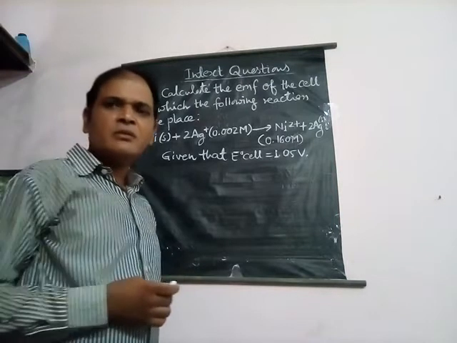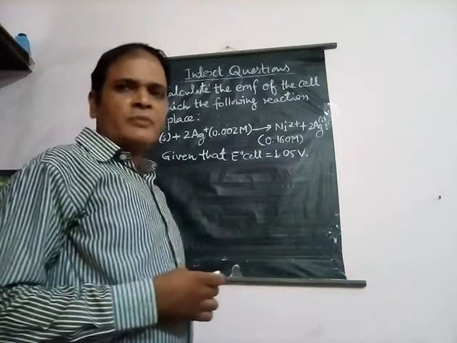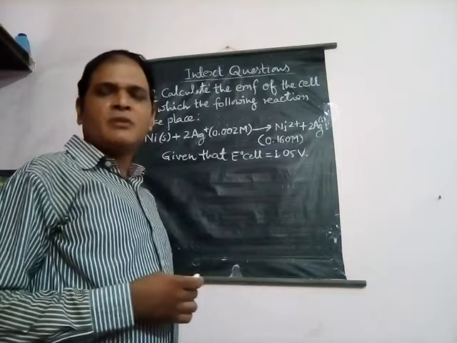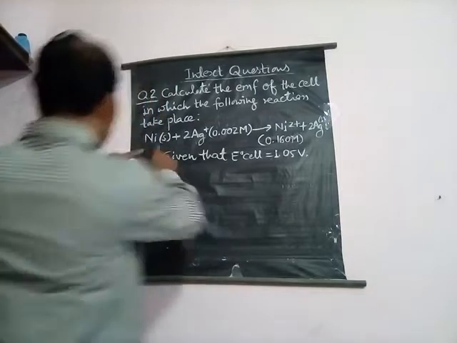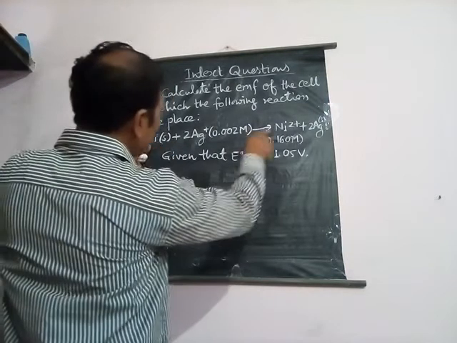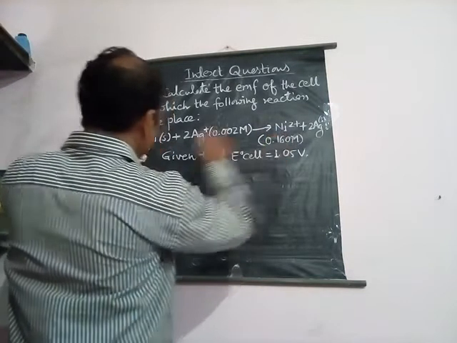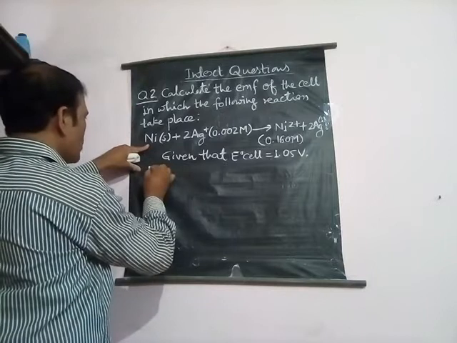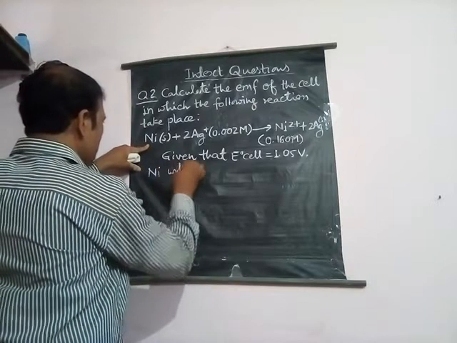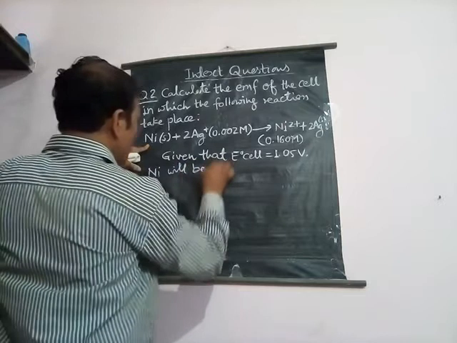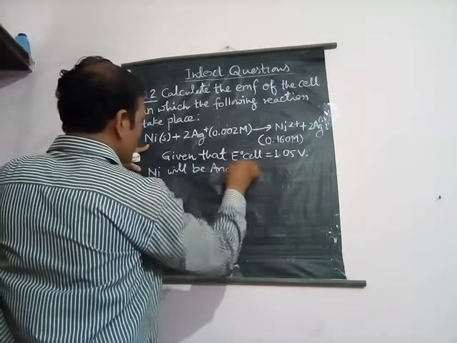Always remember, the electrode at which oxidation takes place is the anode. Here the oxidation of nickel into Ni2 positive ion is taking place, so the nickel electrode Ni will be our anode.